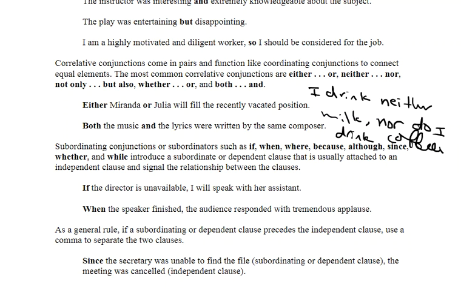So I don't drink both. Okay, remember, we always invert the verb and the subject after nor.